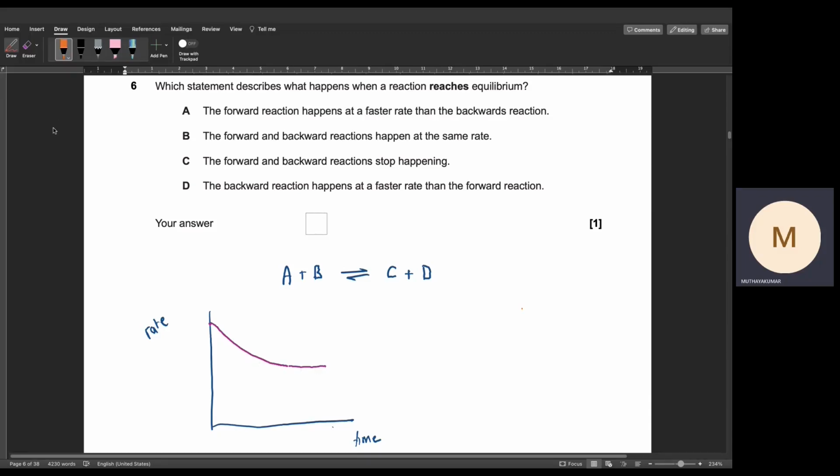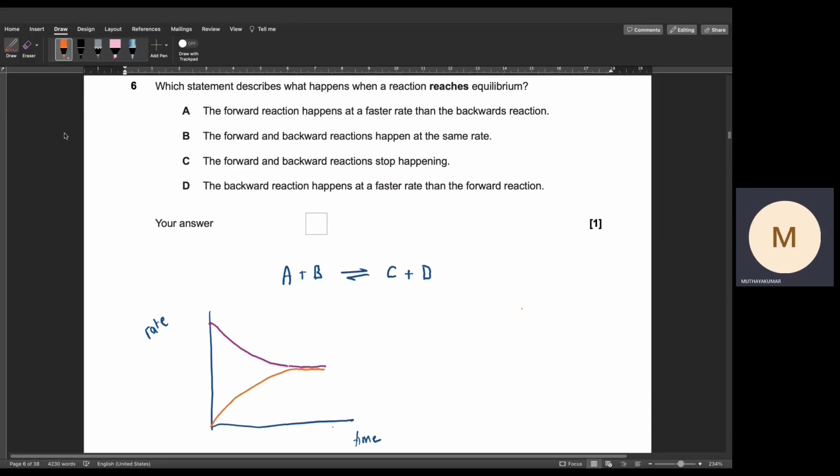If we look at the backwards reaction, at the beginning of the reaction the rate of the backwards reaction will be at its lowest because the concentration of product is 0 to begin with. As the forward reaction takes place, we start making C and D, which will then be able to react together to form A and B. So if we monitor the rate of the backwards reaction, that will increase until it reaches this point here.